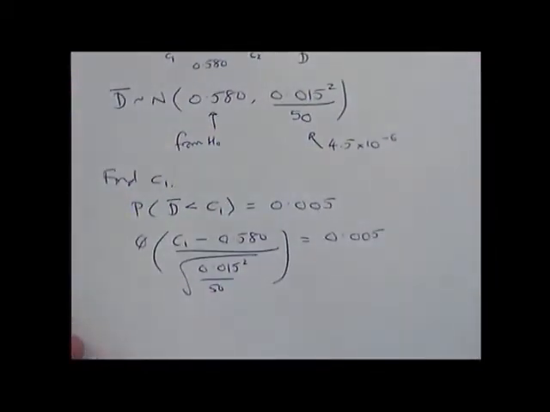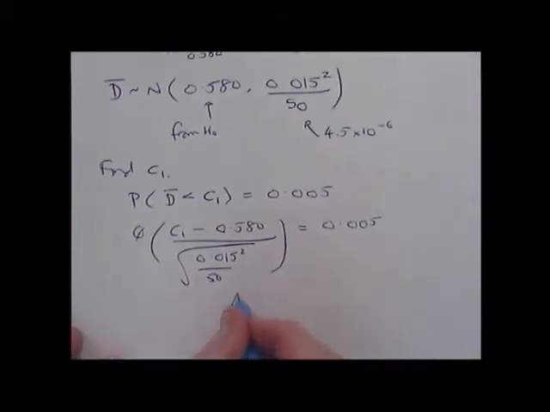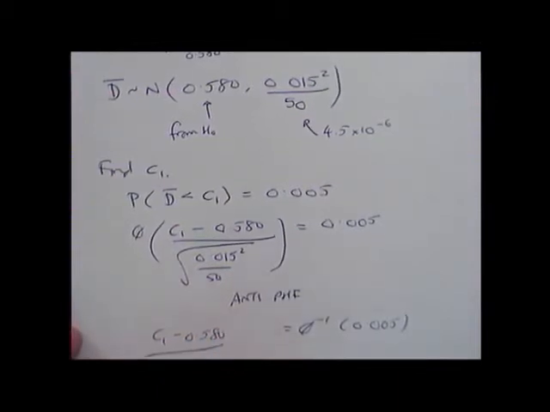Next step will be anti-phi. Rearrange. So on the right hand side you'll be anti-phiing 0.005. This isn't one we use so often. I don't memorise this one.